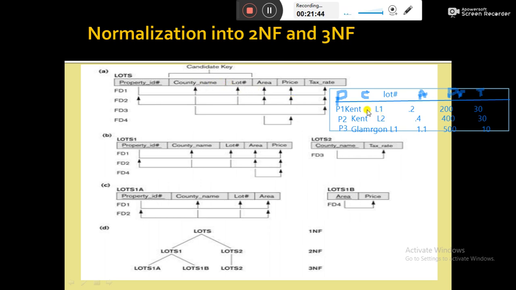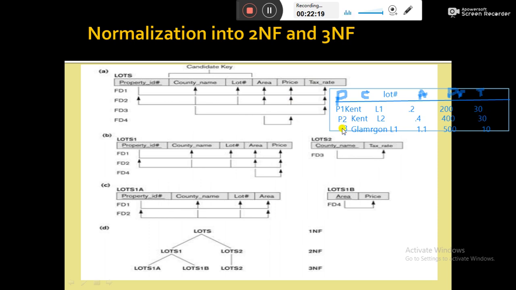Lot number is unique only within the county, not across counties. So in Kent county, the second lot number is assigned L2. Say area is 0.4 acre, price 400, and tax rate is 30. Why is tax rate 30? Because based on functional dependency FD3, tax rate is dependent only on county name. If it is Kent, tax rate is 30.